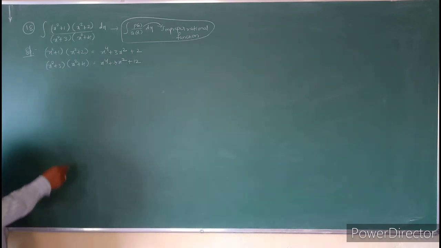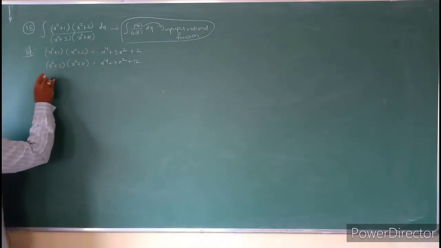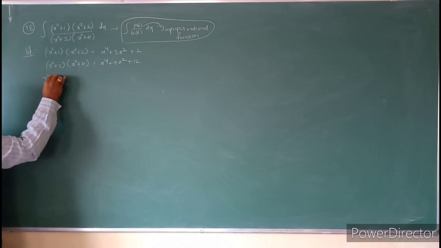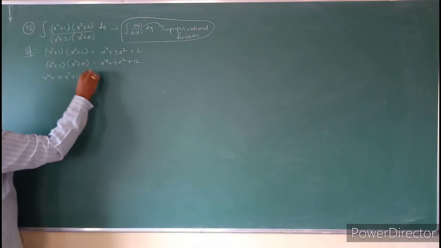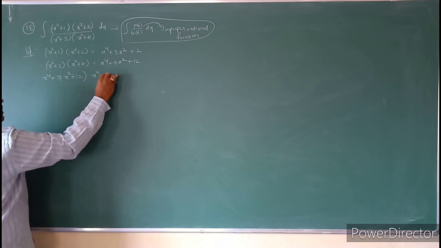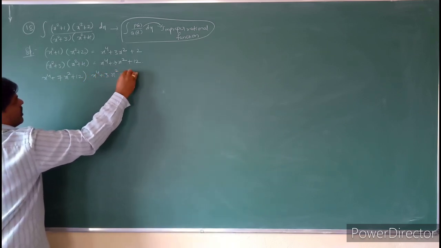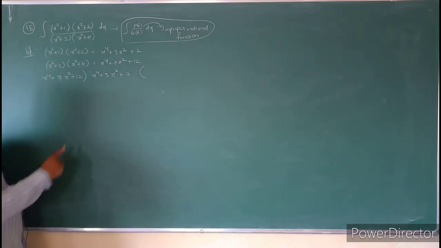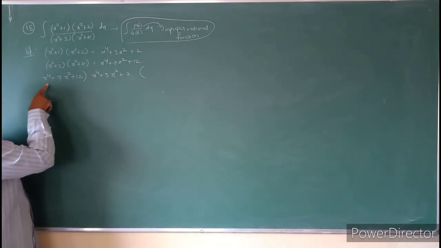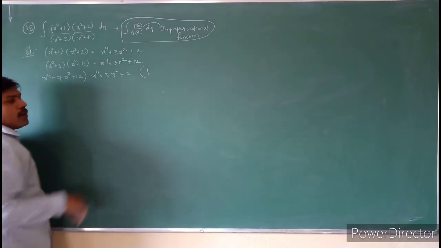So you have to divide the numerator with the denominator. x power 4 plus 7x square plus 12, we have to divide the numerator x power 4 plus 3x square plus 2. So first you have to identify that. Here x power 4 is there, here also x power 4 is there. You can multiply with 1.